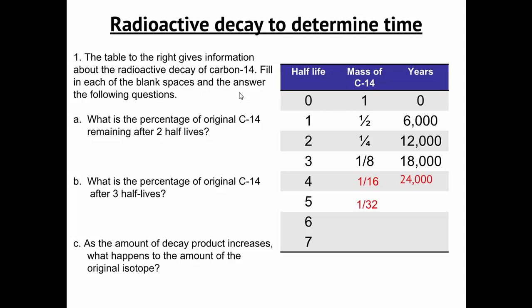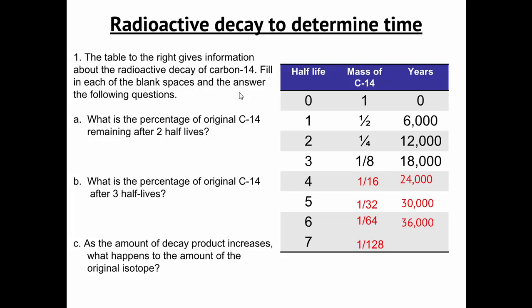It will have been 30,000 years, and so forth. Ours stops at 1/16, that's fine. So we can look at the ratio of the parent isotope to the daughter isotope and use that ratio to estimate how old a substance is.